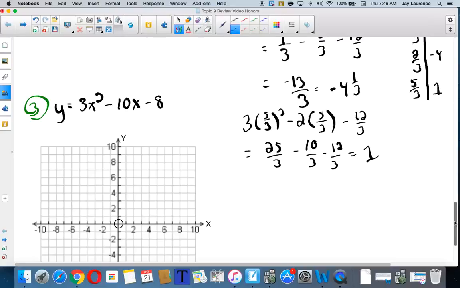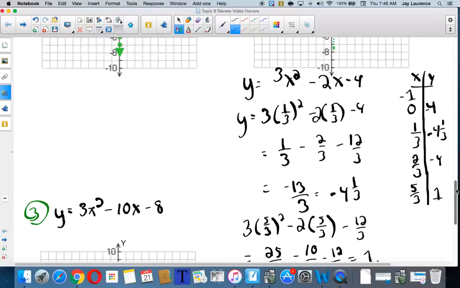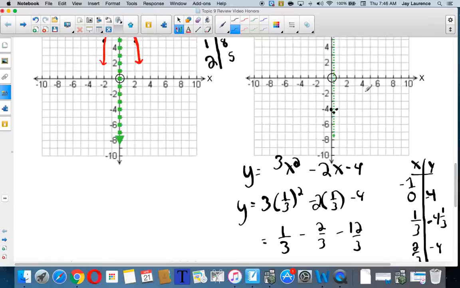So I'm going to go up and plot 1 2/3, 1. So 1 2/3 would be about here, up to 1 would be there. And then negative 1 will have the same result. Okay, so now I can get a better idea of what my parabola is going to look like.